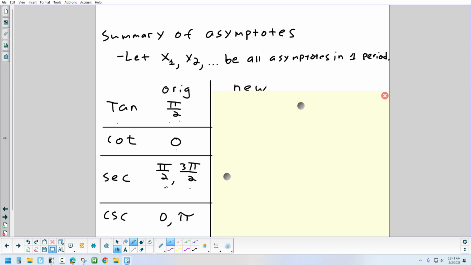These are the first 2 that you hit for secant. These are the first 2 you hit for cosecant that are not negative. And if you're thinking, well, what about all the other ones? There's a lot of other ones besides just the ones here. We don't need to remember them. As long as you can tell me where one asymptote is, and then tell me that it repeats, you've covered everything.